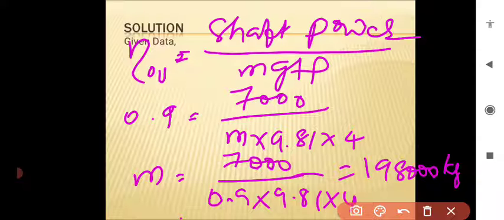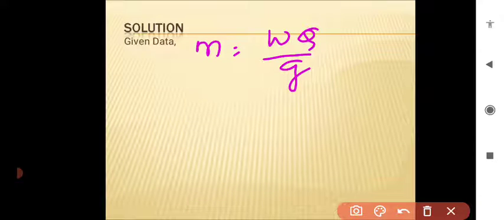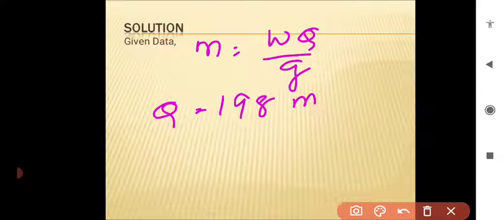We know the M is equal to WQ by g. From this we will get Q value. Q is equal to 198 meter cube per second.